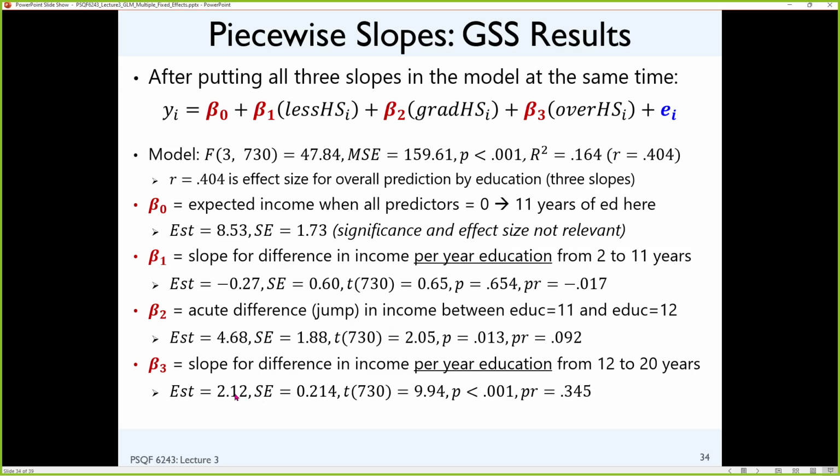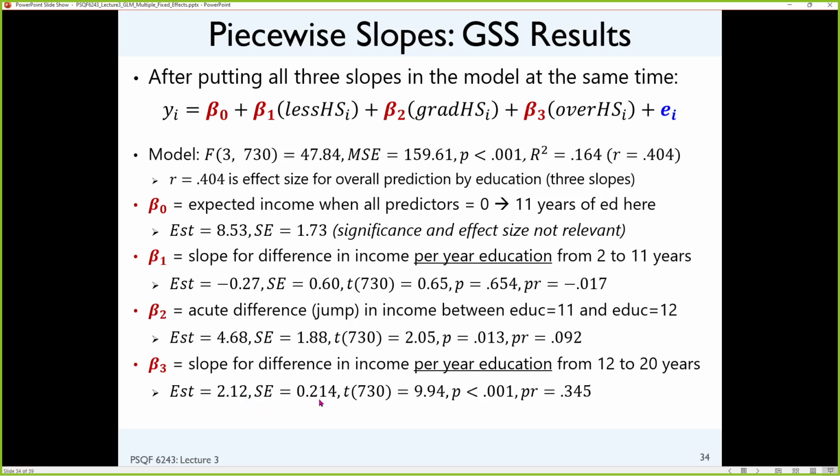Last but not least, from 12th grade on, now beta 3 kicks in to talk about what happens to those people. So the slope for the change in income per additional year of education after 12th grade is 2.12. So $2,000 more per year after 12th grade.